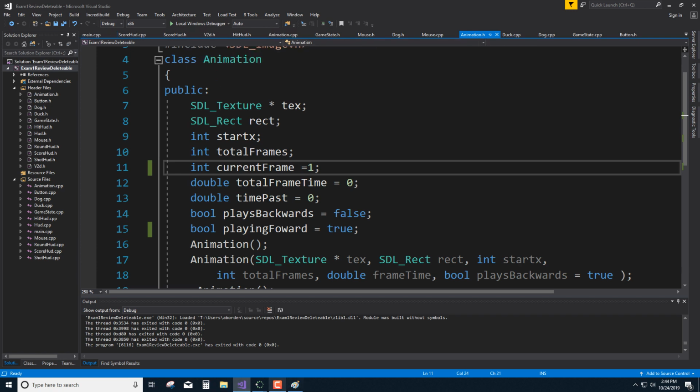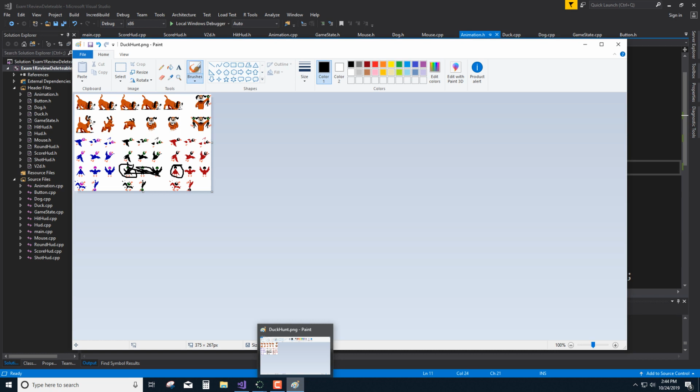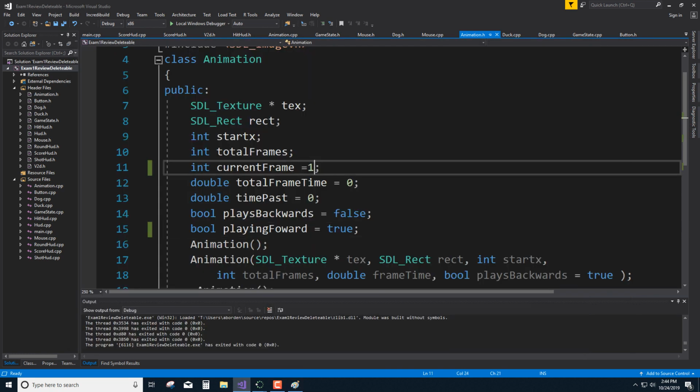Was that the last animation? That's the second frame. No, that's the third frame. No, that's the second. Oh, yeah. Okay, so if we're going to start at 1, no, we'll start at 0.